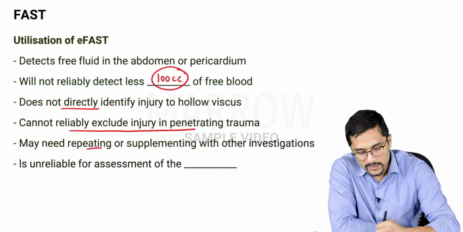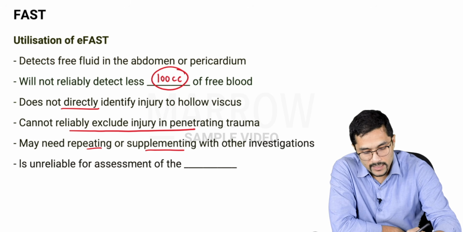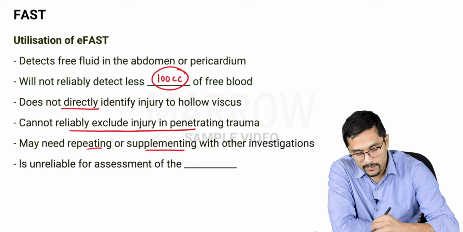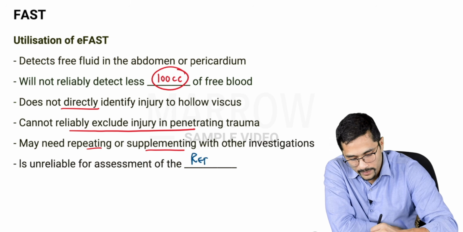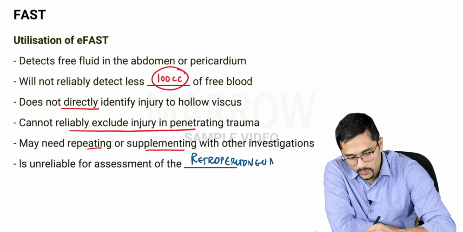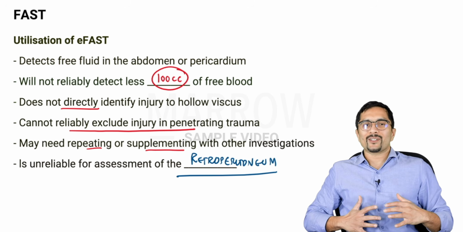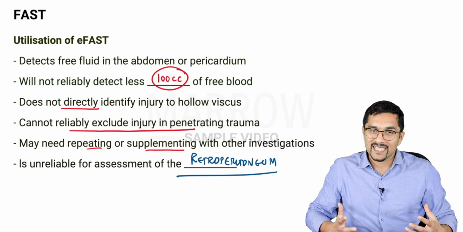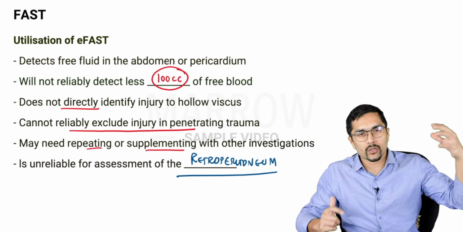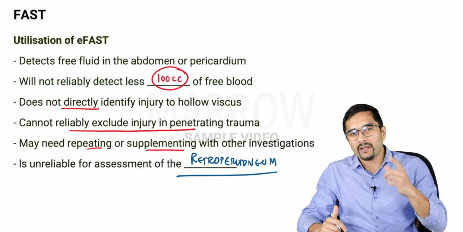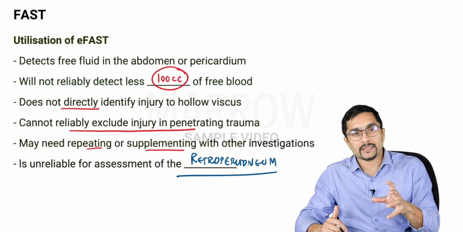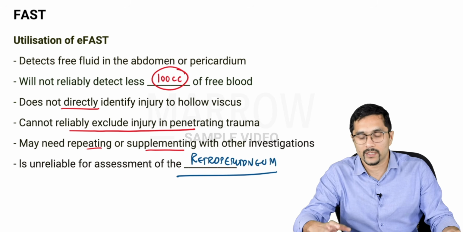It may need repeating or supplementing with other investigations, and it is unreliable for the assessment of the retroperitoneum. Please remember this. We can't assess the retroperitoneum because in front of it is your bowel gas, and we know that ultrasound cannot go through gas. That is why it is not a good modality to assess renal injuries or retroperitoneal injury.